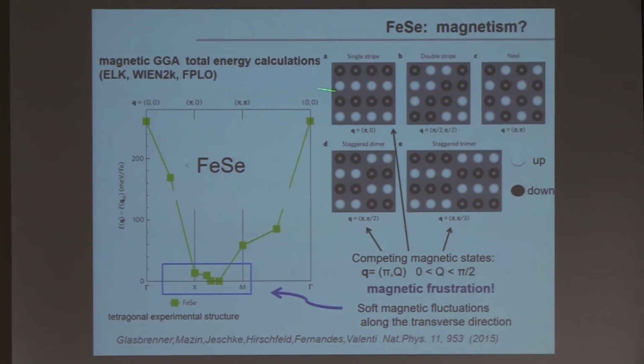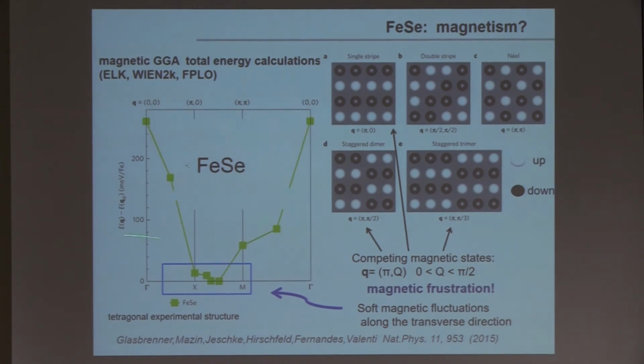Basically, you have this down and up spin, so ferro and antiferro. This would be the (pi, 0) state. If you analyze the ground state energies of states where you make the second, the y term of your q vector incommensurate, so pi over 2, pi over 3, and you go through all the series, all these states are in fact very degenerate.